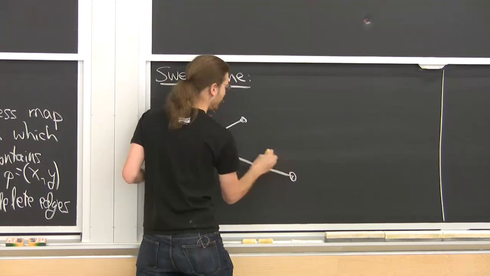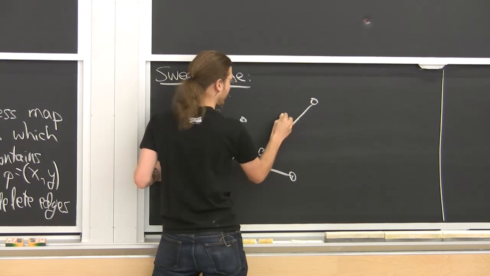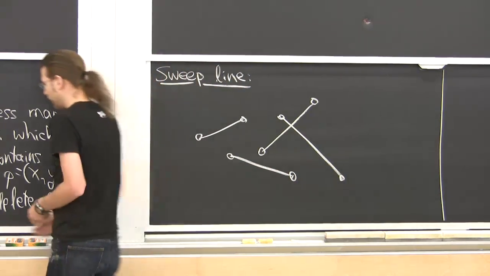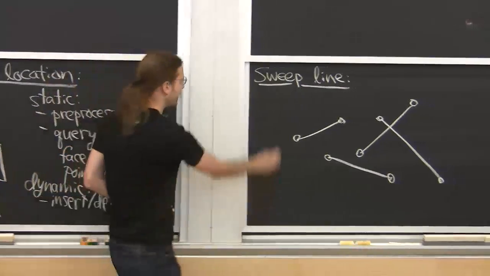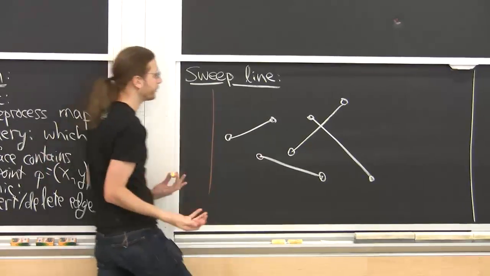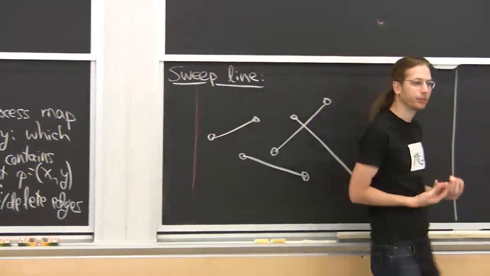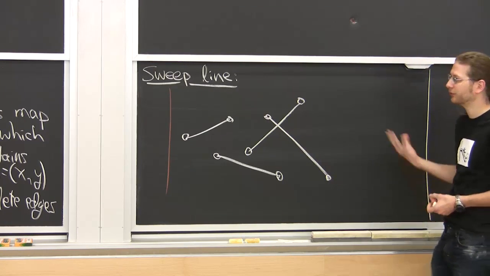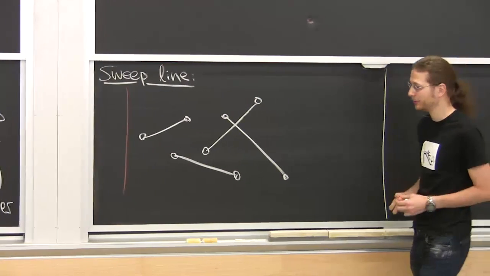Say you have some line segments in the plane. Something like this. And I'm going to take a vertical line. So the algorithmic problem is I want to know, are there any crossings? Do any of these segments cross? This is where the sweep line technique comes from, I believe.